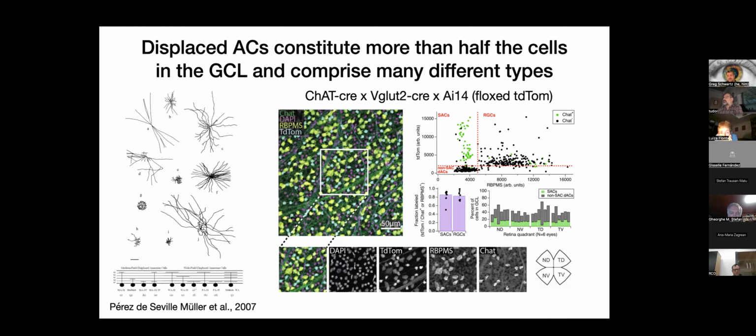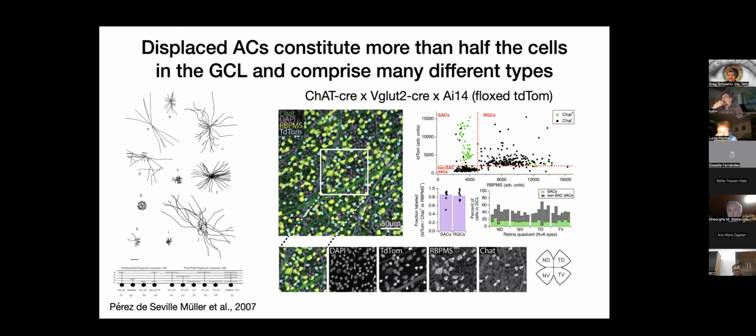So we made a transgenic mouse line where we did it by negative labeling. We labeled all the ganglion cells with Vglut2-Cre. We labeled all the starburst amacrine cells with ChAT-Cre because they're the only cholinergic cells in the retina. And then we crossed that with the Ai14 reporter line to make everything expressing Cre turn red. Then we used two-photon and we hit the cells in the ganglion cell layer that are not red.